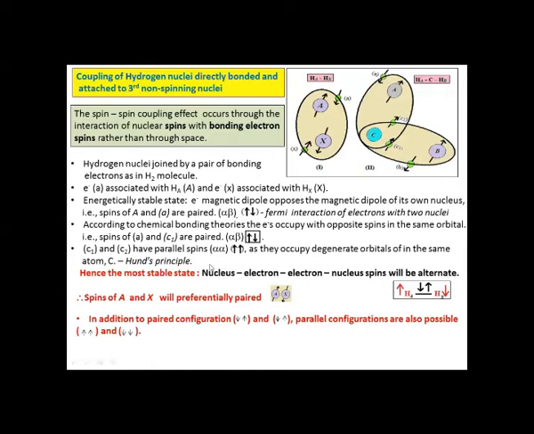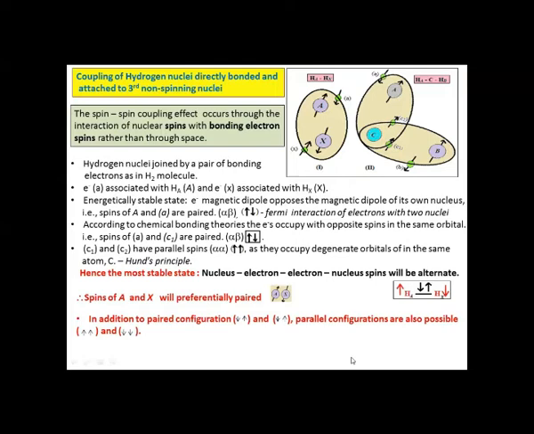So the spins of A and X will preferentially be paired. The expected combinations of these two proton spins are the paired configurations, alpha beta and beta alpha. But in addition to these two configurations, parallel configurations are also possible. They are alpha alpha and beta beta. Only the energy difference is so minute that both configurations are equally likely to occur.